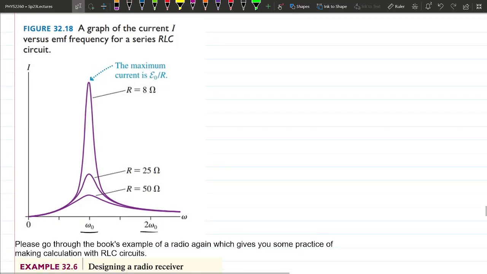Okay, so at resistor value equal to 8, you have this nice big peak, so you're picking up your radio signal very well. But as you increase the resistor value, this peak gets lower and lower and lower. Therefore, you're not resonating with that particular frequency as much.